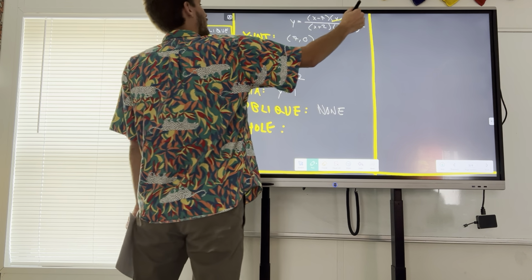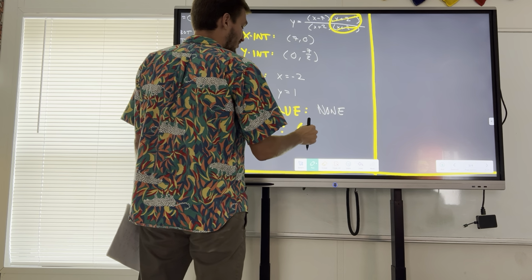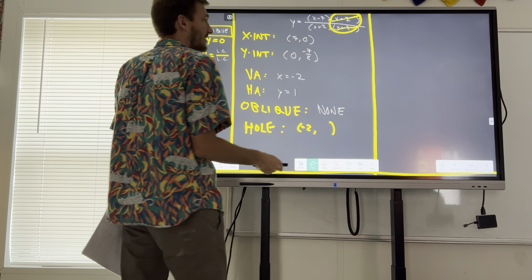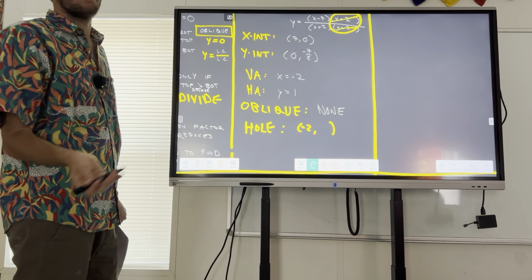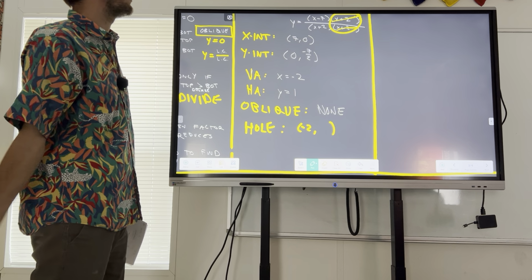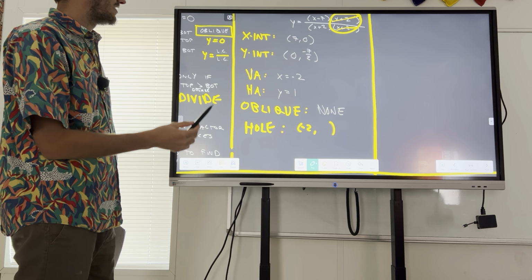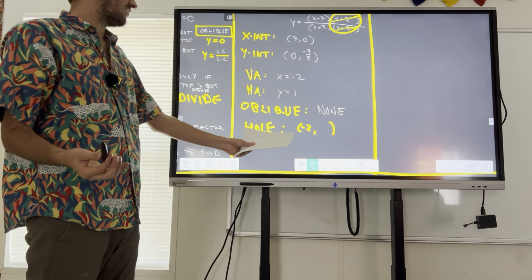The hole comes from the crossed out portion, which is at -2 comma. Dang, we got to plug this in again. And for this question, when you go to plug in that -2, you still have a problem, right? That hole is the issue.